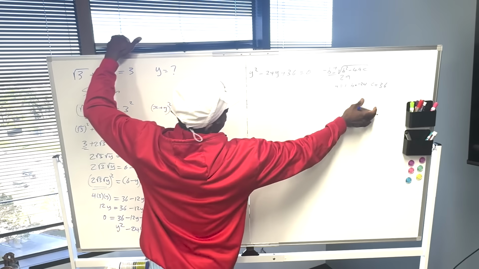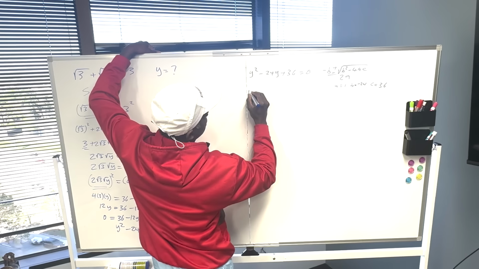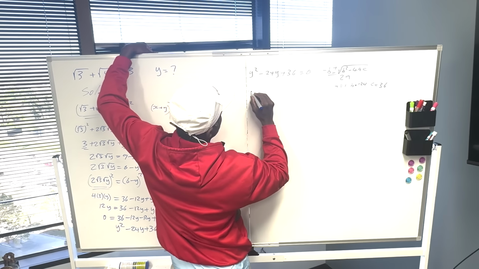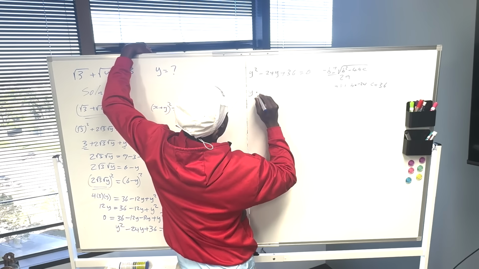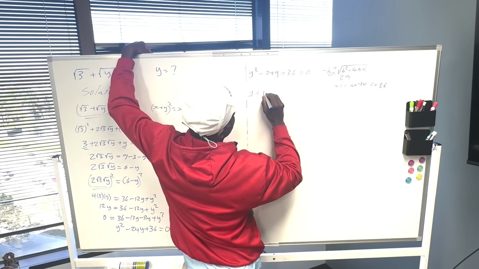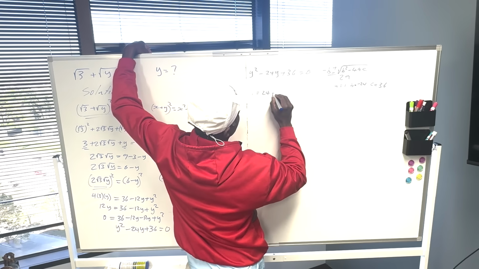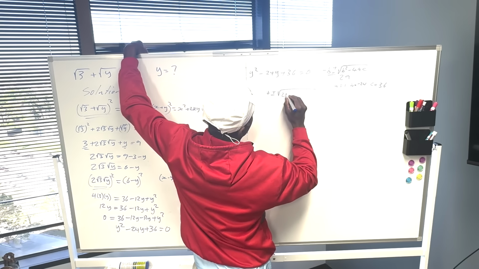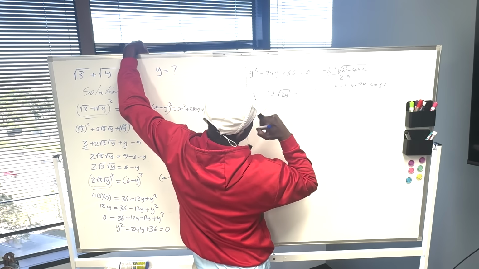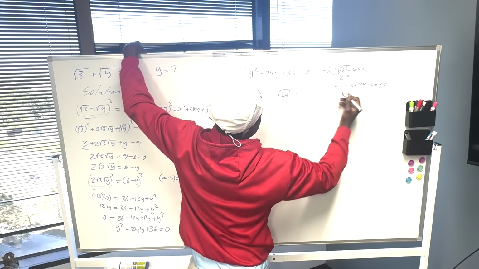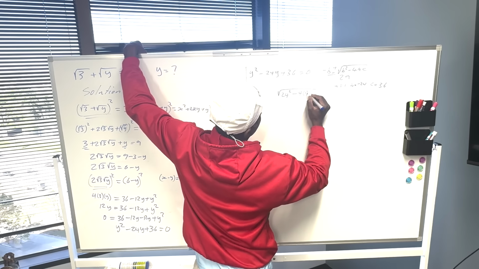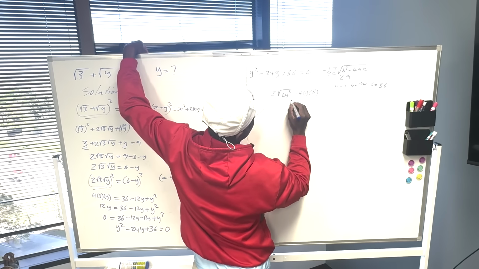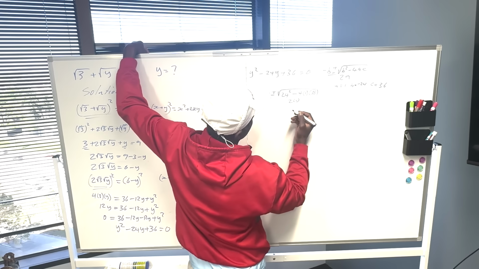We can bring this in, and we have minus b, which is 24, so that's plus. So y is equal to 24 plus or minus the square root of 24 squared minus 4ac, which is 4 times 1 times 36, divided by 2 times 1, which is a.